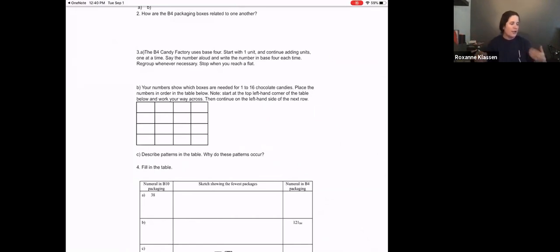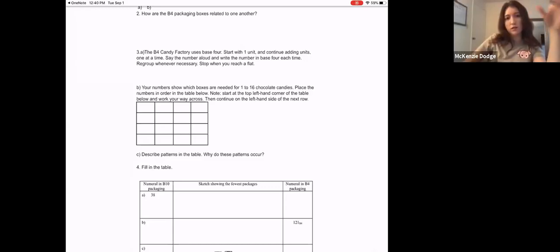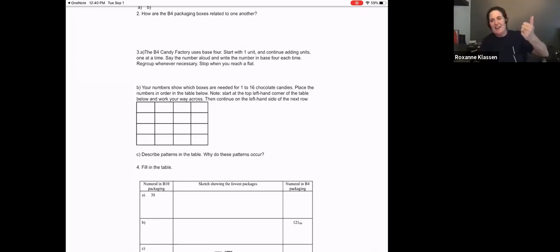So you could describe that. How could you describe that in general instead of just listing each box? Because we could keep on going to the left. So every place value to the left is 4 times larger than the one to the right. Perfect. 4 times larger than the one that's immediately to the right.